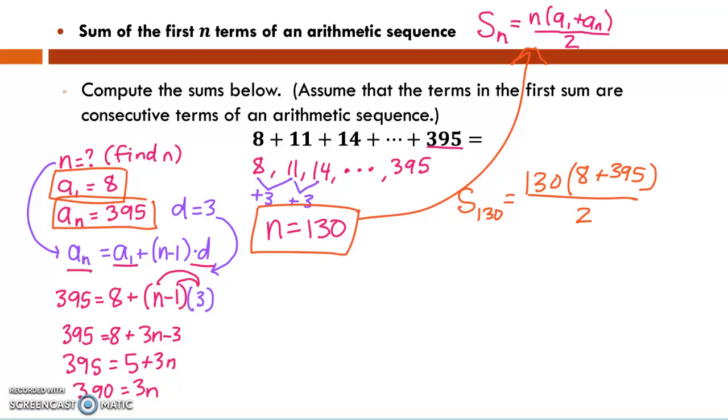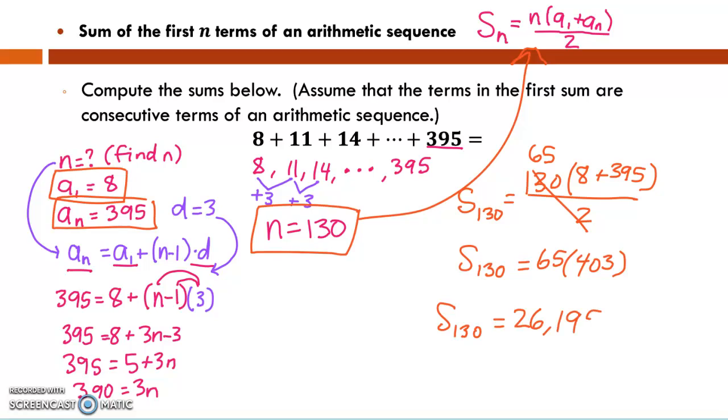After my division, 130 divided by 2 is 65. So we'll get the sum of my first 130 terms is 65 times 403. So the sum of my first 130 terms is 26,195.